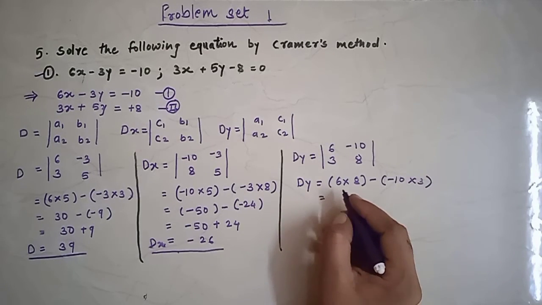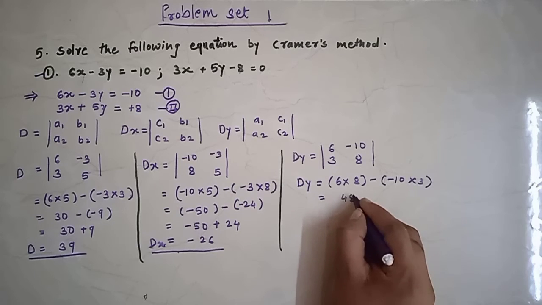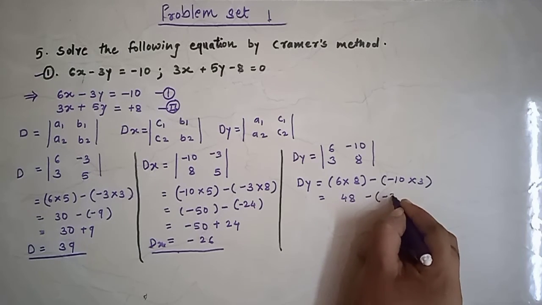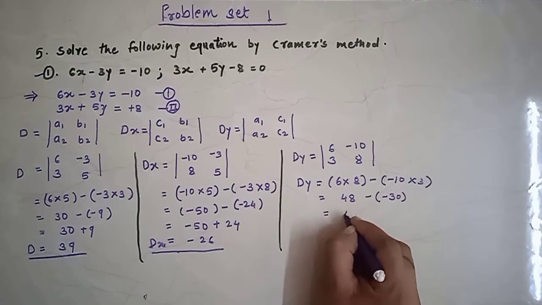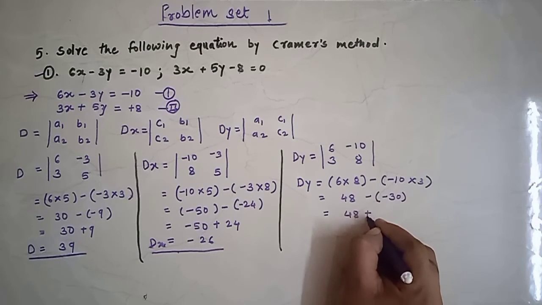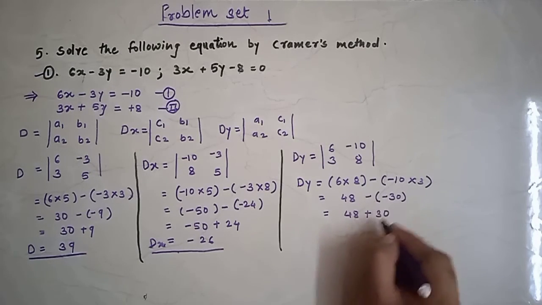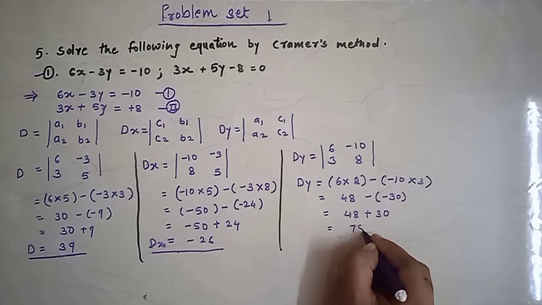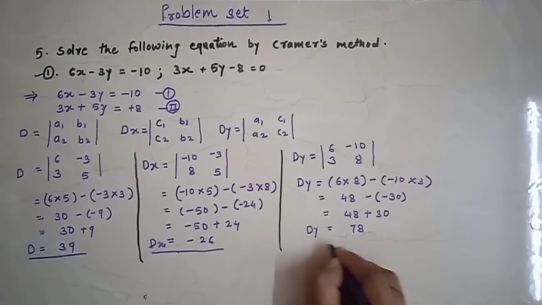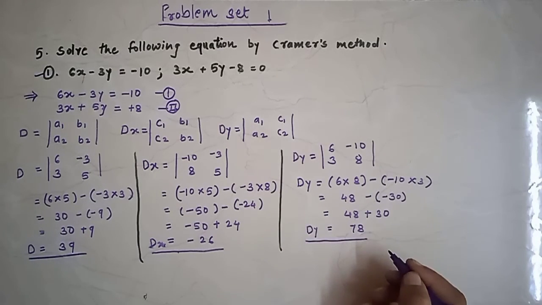Do the cross multiplication: 48 minus minus 30. So 48 minus of minus, plus is 30, so it is 78. So we get the value of Dy.